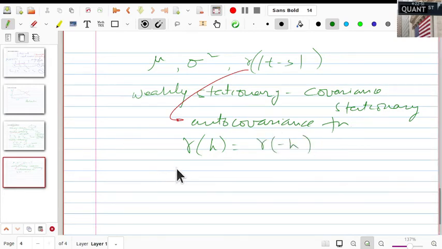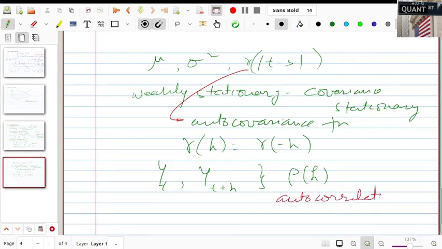Now let's assume weak stationarity, and look at the correlation between a value observed at t and one at t plus h, where h is the lag. The correlation between these two is called rho of h, and this function is called the autocorrelation function.